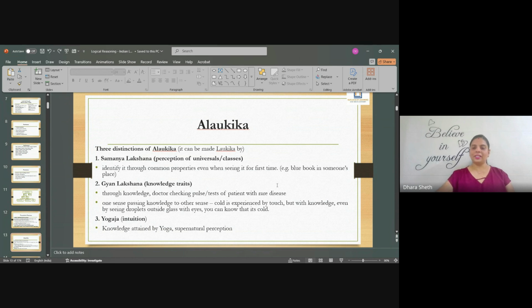So your friend, your colleague, tells you that on my table, in the drawer, there is a register of semester 1. Can you please get that for me? You have not seen that register. You do not know about it. But you know what a register is. You know how semester 1 is written, how it looks. You know where the table is, and you know how to open a drawer.